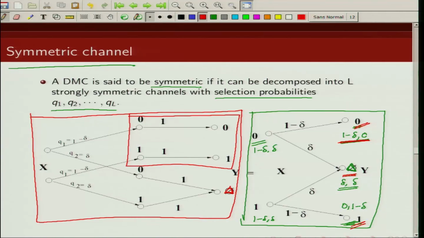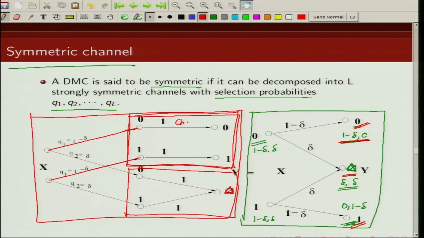So I am decomposing this channel into two channels: one is this particular channel and the other is this particular channel. With probability Q1, I am going to select this channel, let us call it channel 1, and with probability Q2, I am going to select channel 2.